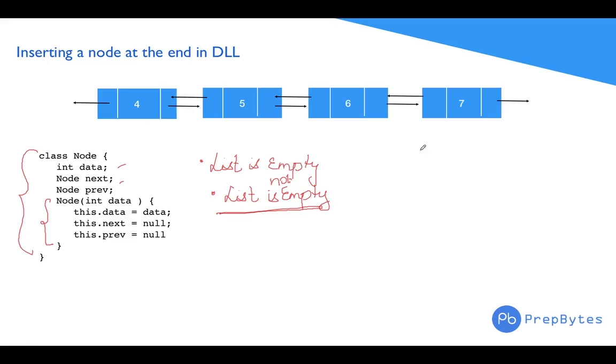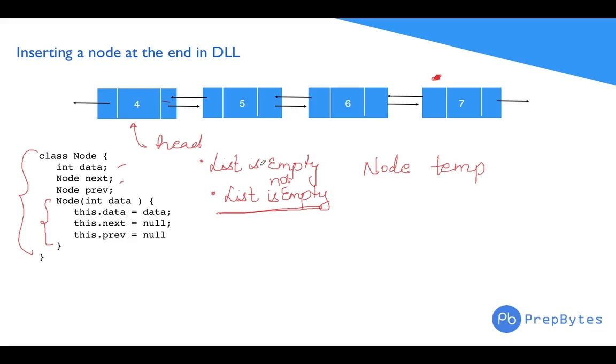So what will we have to do? The very first thing we have to do is reach this particular node which is at the end. We know we have head, which is always pointing to the first element. So we will make a new object of type node, let's say we call it node temp, and we will try and make this temp point to the last node. How will we do that?